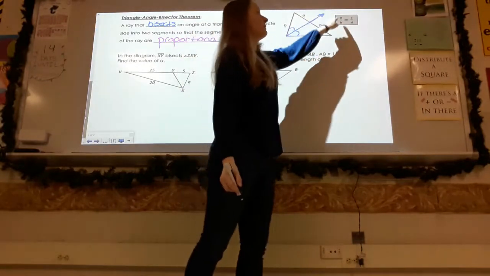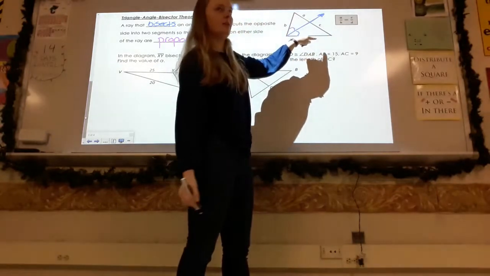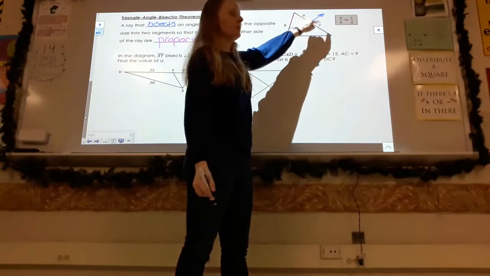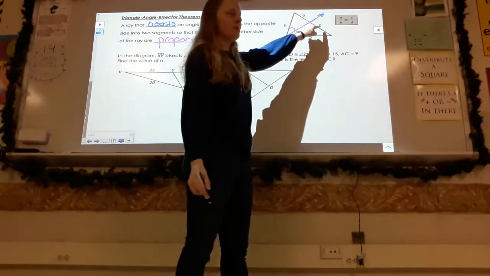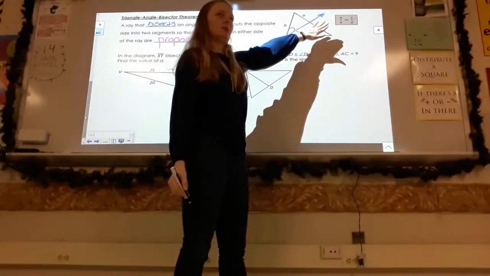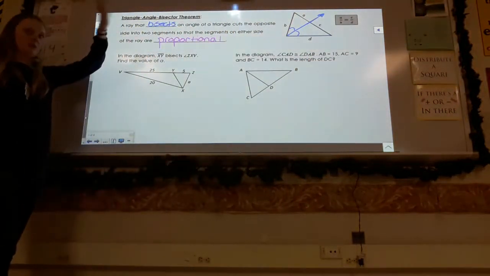See how I have A over B equal to C over D. You don't want to cross the river. Don't try to say A is in a ratio with C and B is in a ratio with D. You stay on this side, and then you stay on this side. Don't cross the shape, you have to stay on one side.